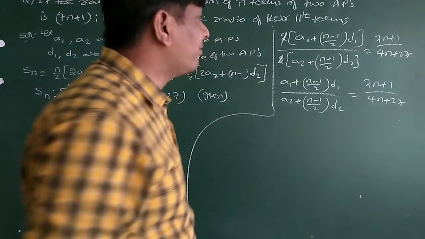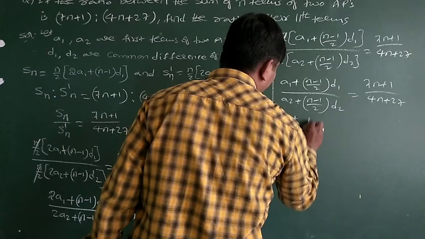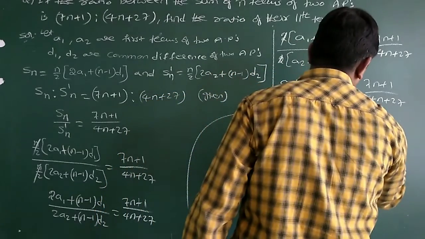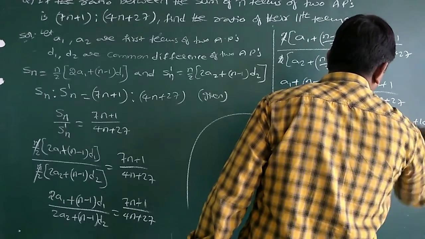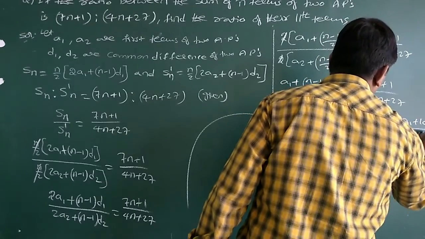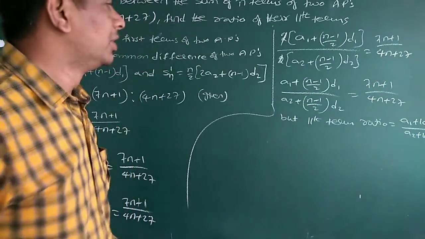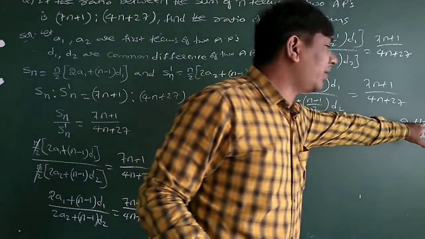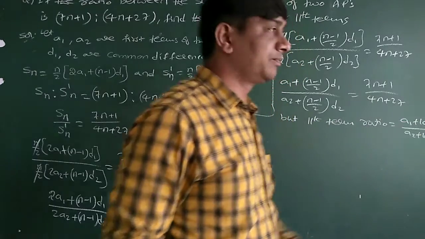But I required the 11th term ratio. The 11th term ratio should be a1 plus 10 d1 by a2 plus 10 d2. So here, n minus 1 by 2 should be equal to 10, because the 11th term ratio is this one.